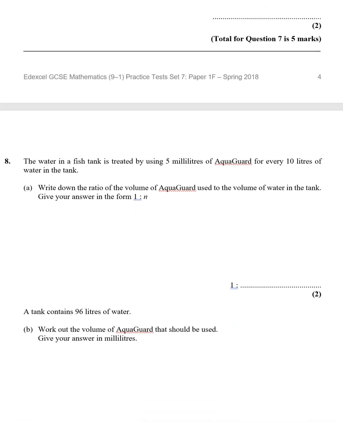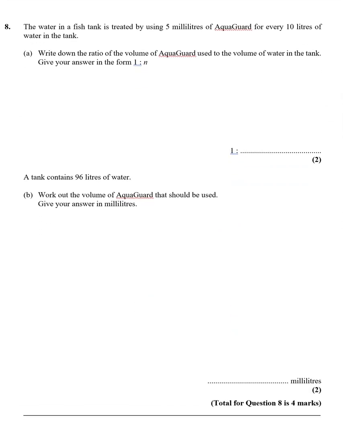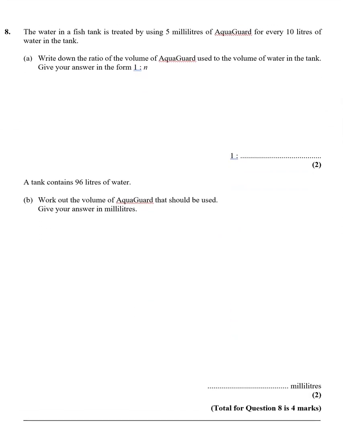Okay, let's have a look at the next question, number 8. The water in a fish tank is treated using 5 millilitres of AquaGuard for every 10 litres of water in the tank. Right, so we've got millilitres and litres. Write down the ratio volume of AquaGuard used to the volume of water.